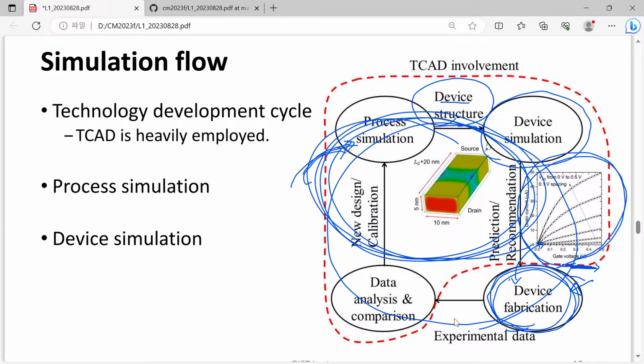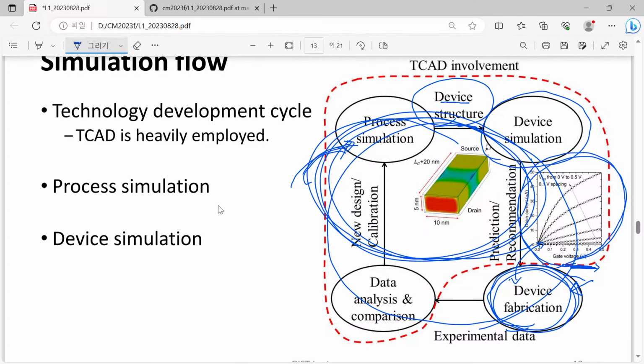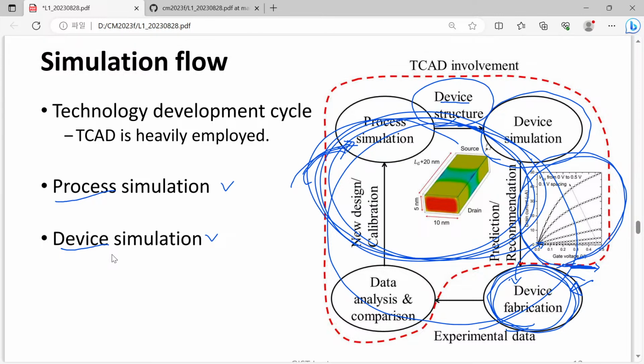So as I explained already, there are two important steps in this TCAD simulation. One is process simulation, which tries to build a certain kind of structure, and the other is device simulation, which is related to the prediction of electrical performance.